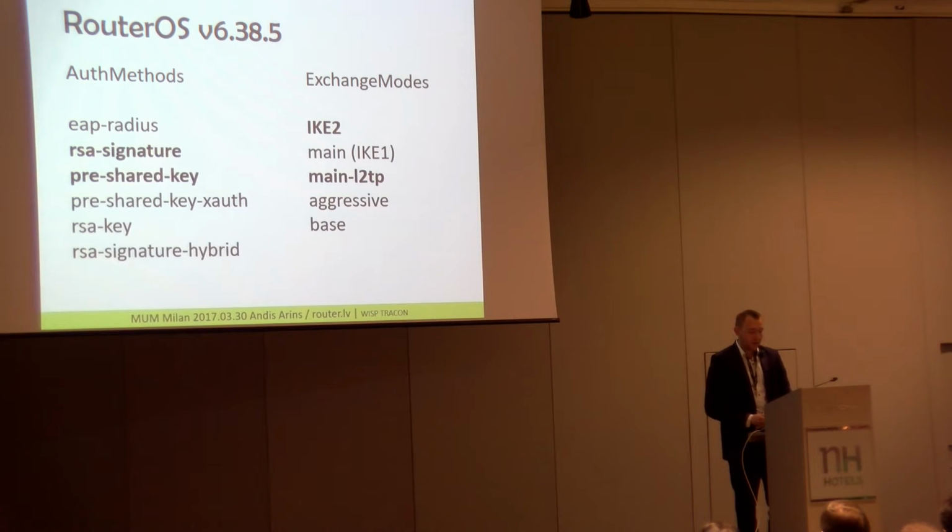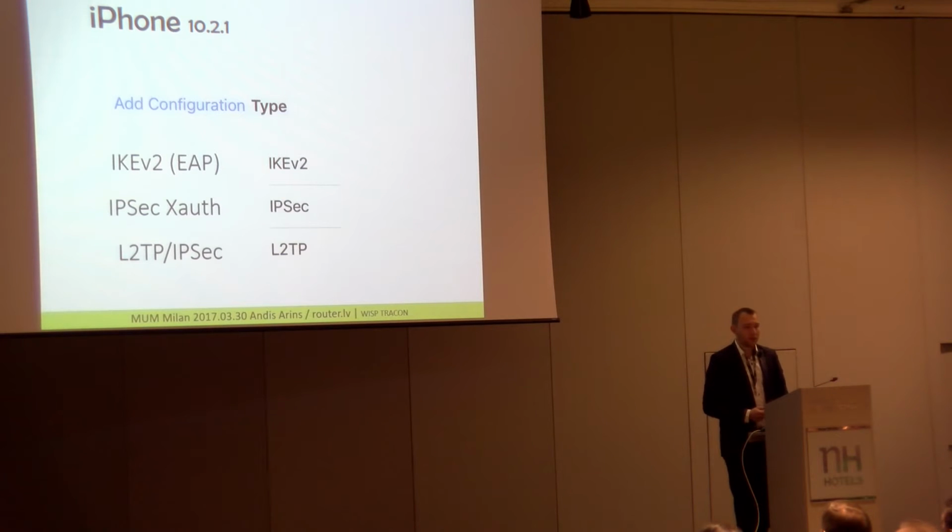If we look now at iPhone, so it's iOS running the latest 10.2.1, only 3 approaches are left. They say IKE2. This one is the same as IKE2 in MikroTik. And you also see here in the scopes EAP, the Extensible Authentication Protocol.